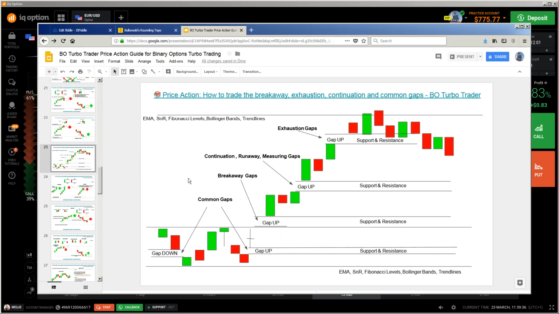And this is what trading is about: identifying market direction to get the odds in your favor, to understand in what direction the market is heading. Then you can use your candlestick patterns, price action, and chart patterns to do your trades. So I would say this was the stuff about gaps.